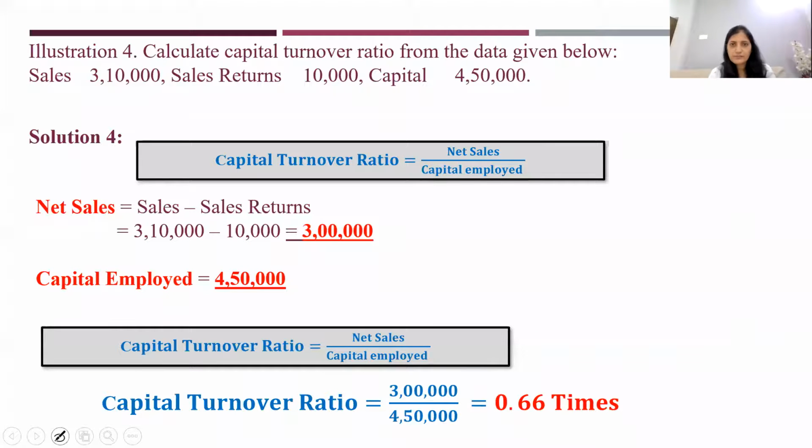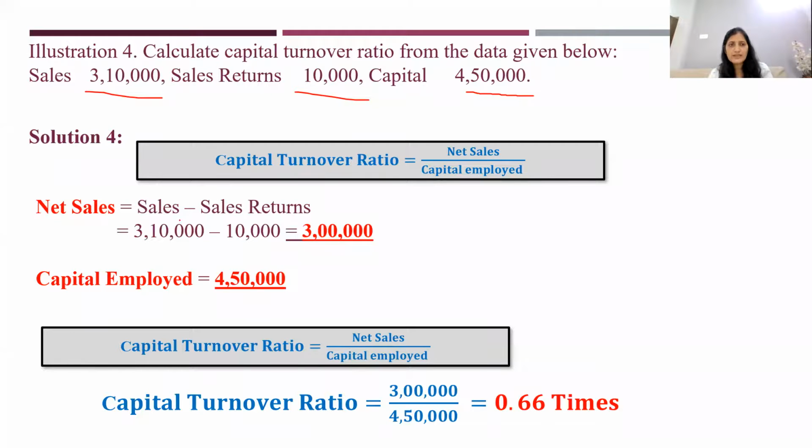Okay, we'll take down one problem on this. Calculate capital turnover ratio from the data given below. Sales, we have 3 lakhs 10,000. Sales return is 10,000. Capital is 4 lakh 50,000. Capital turnover ratio is net sales divided by capital employed.